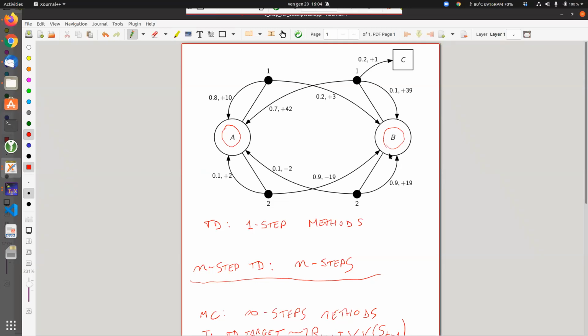What do I do? I say, okay, if I choose the action 1 from here, what happens? Well, it can happen this, and then I will have 10 times 0.8.